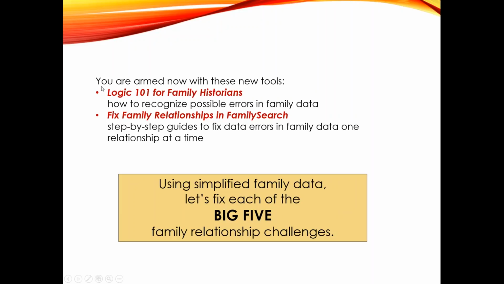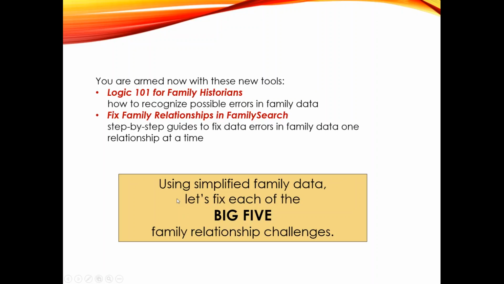Since you are now armed with these 2 new tools, Logic 101 for family historians, that helps you recognize possible errors in your family data, and secondly, fix family relationships in FamilySearch, that 2-page handout we were just looking at, which includes step-by-step guides to fix data errors in family data one relationship at a time.